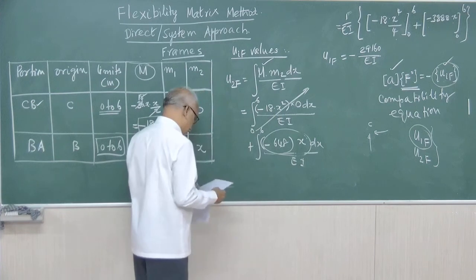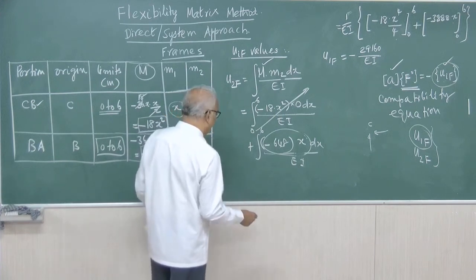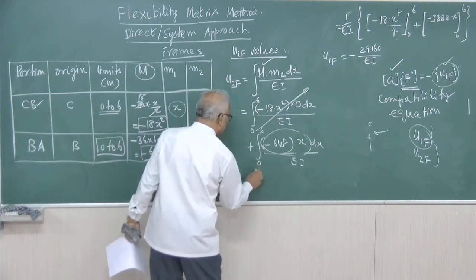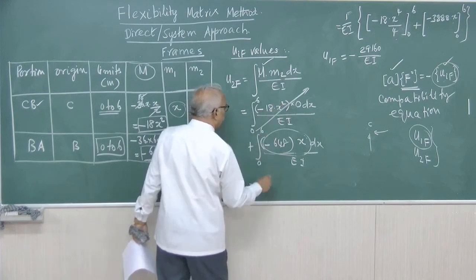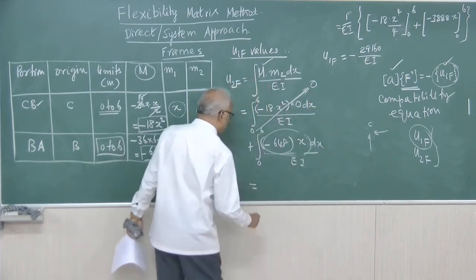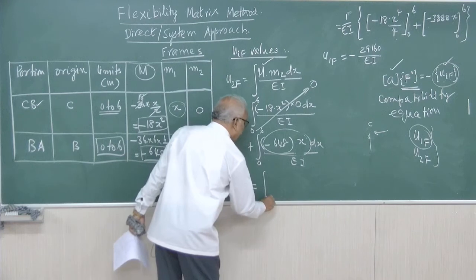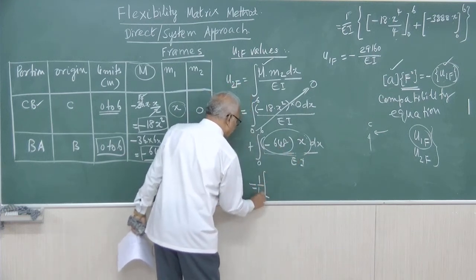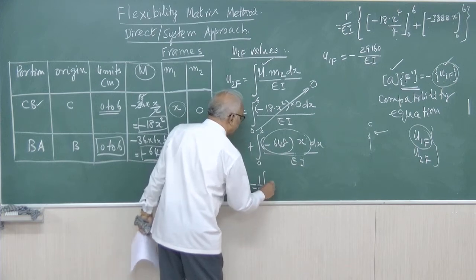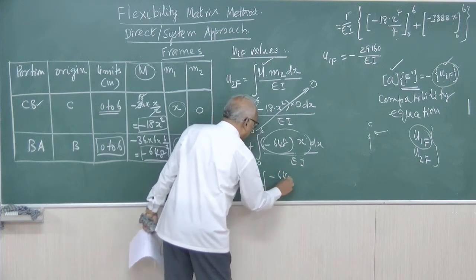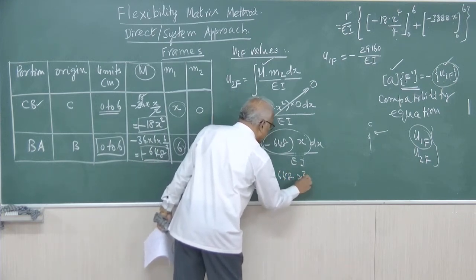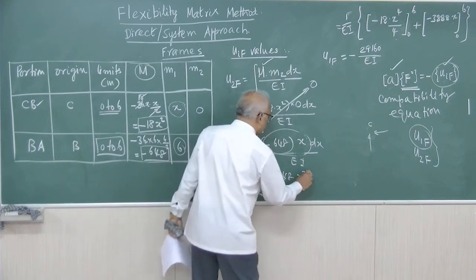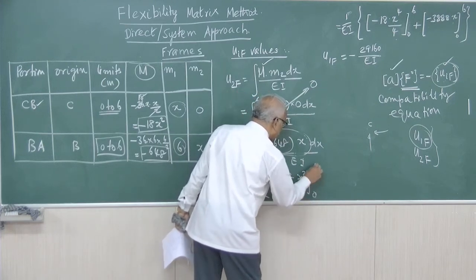Therefore, it is minus 648 x, 0 to 6. First term is 0, don't worry about it. Taking 1 by EI outside, minus 648, x will become x square by 2, limits 0 to 6 meters.